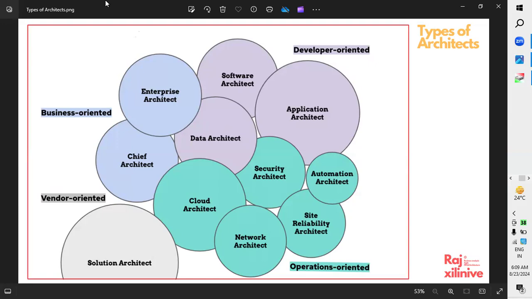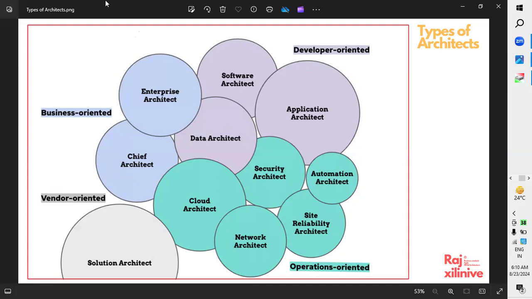We see many roles of architects, because for every specialization you require a separate architect. Generally, we classify this into four different parts: business oriented, developer oriented, operations oriented, followed by vendor oriented.